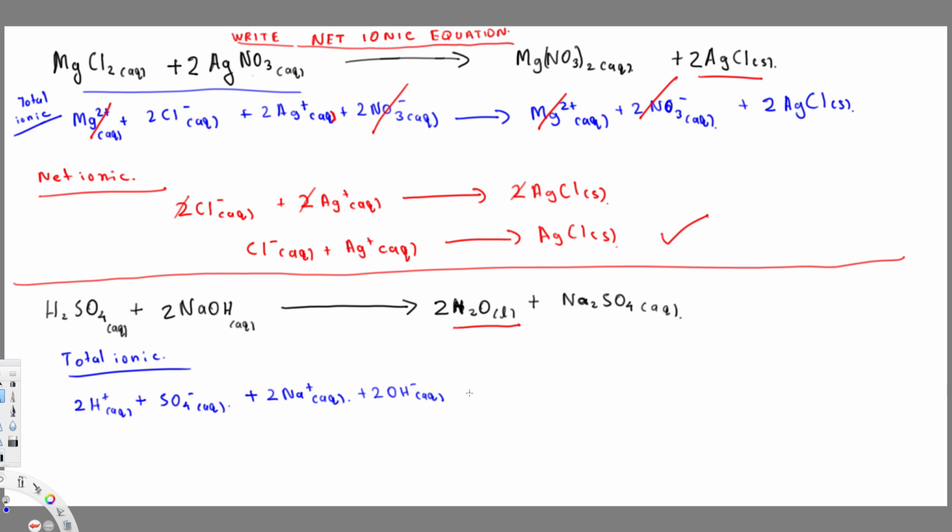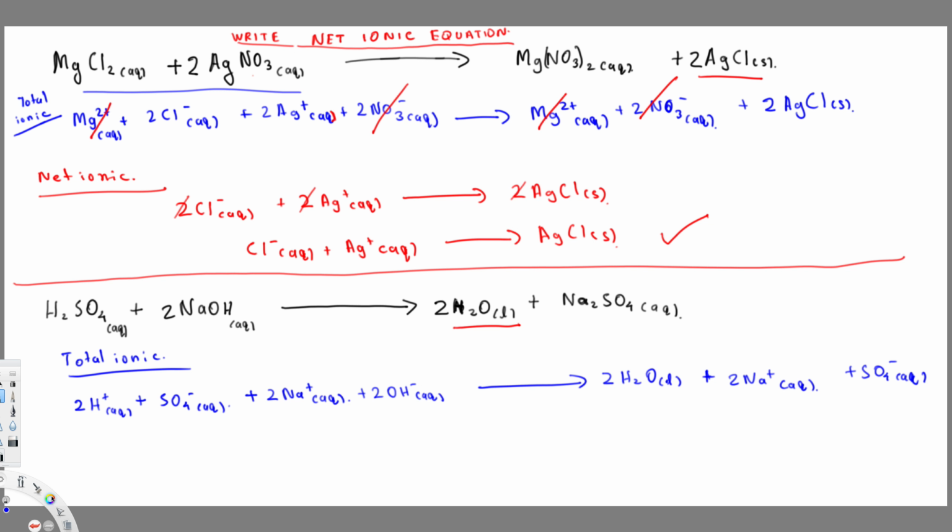On the other side of the equation, the water is going to remain the same. So this is 2H2O liquid, and the other one is going to be 2 Na plus aqueous and SO4 minus aqueous. So this is total ionic.